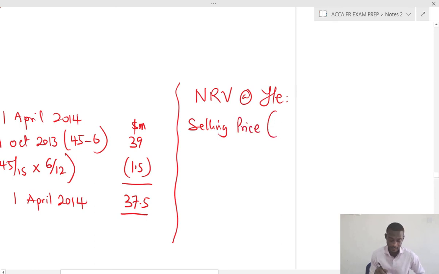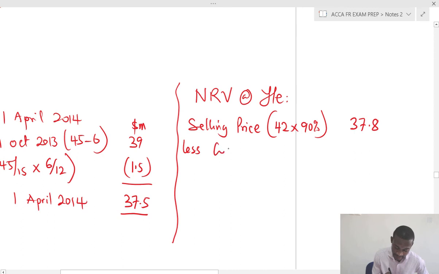So that will be 42 million times 90%, that is 0.9. So 42 times 0.9 is 37.8. And the net realizable value should be less cost to sell. Here, we're told that the agent's cost to sell is 1 million. So we have to deduct the 1 million from this, and this should give us 36.8 million.